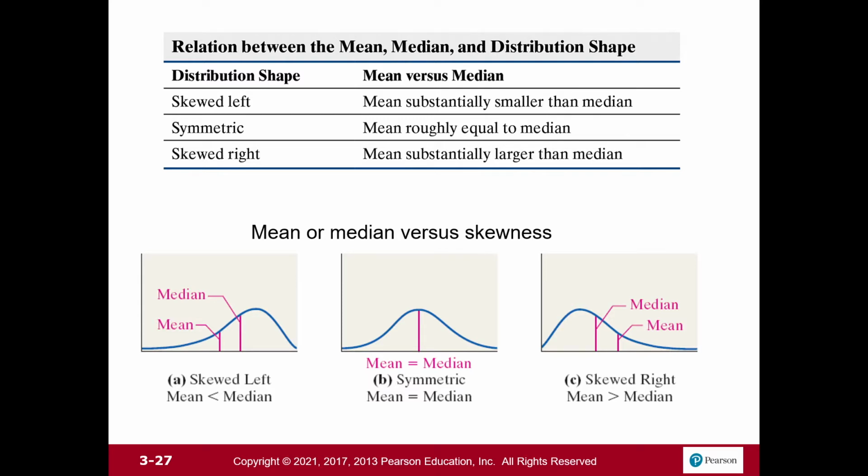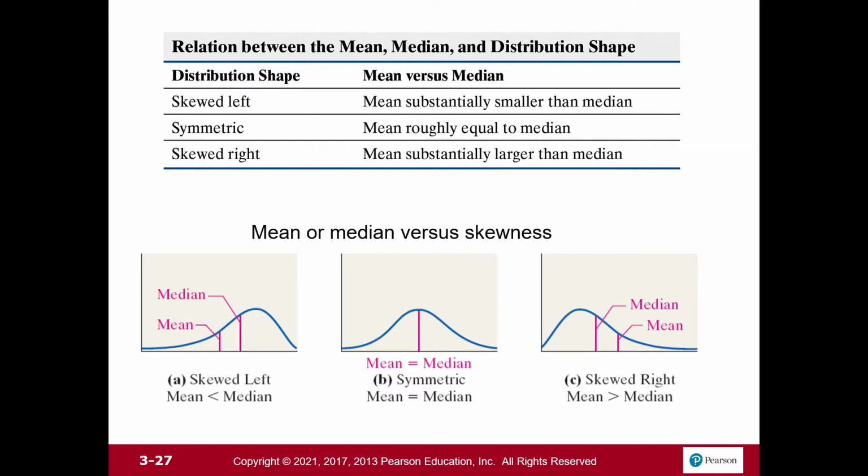Skewed to the left, okay, it also means that we have a longer left tail. What this implies is that the mean is being dragged by that tail, so the mean would be less than the median. If it's perfectly symmetrical, then in theory the mean and median will be the same.